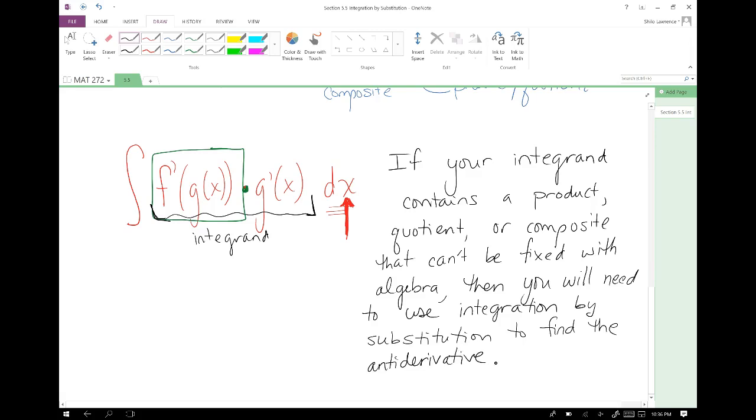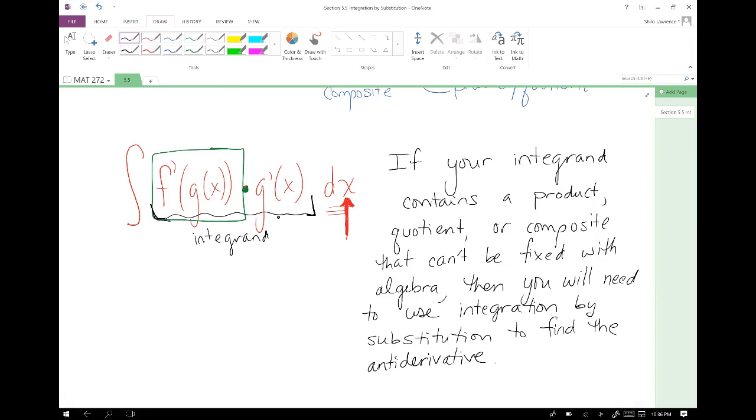So if we see products, quotients, or composites for derivatives, we know we've got 3 separate special rules for derivatives. If we see products, quotients, or composites with antiderivatives, all of them get combined into one special rule, and that's going to be our integration by substitution.